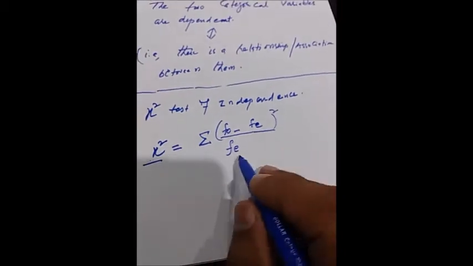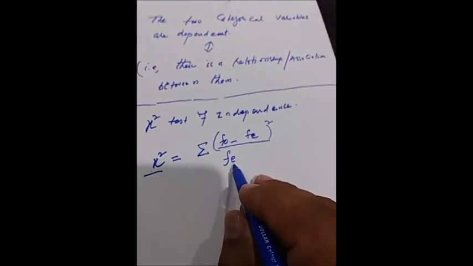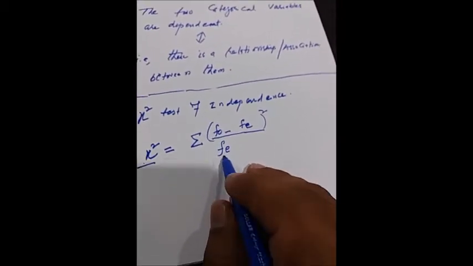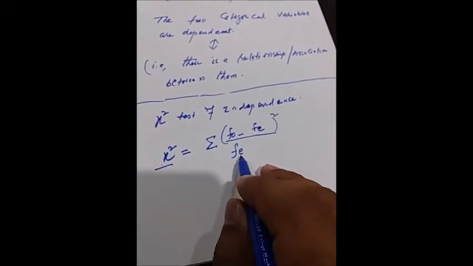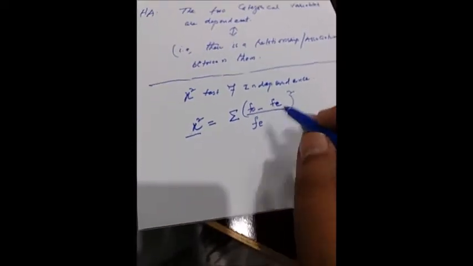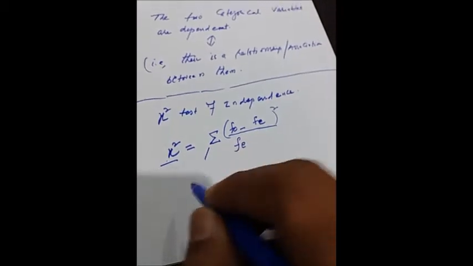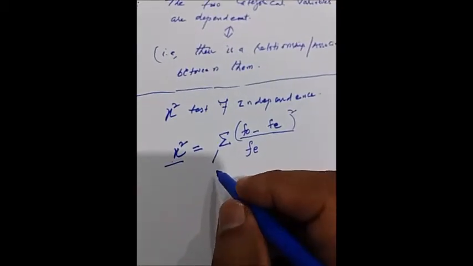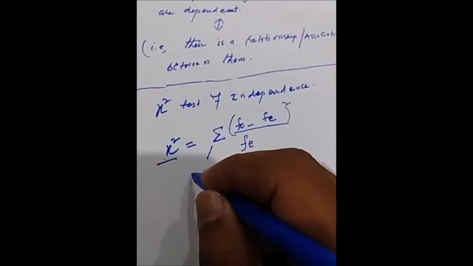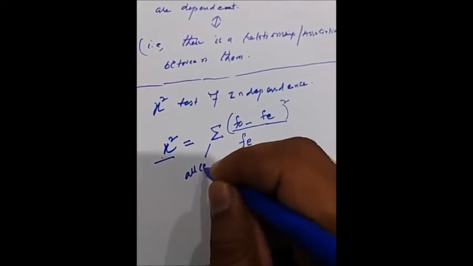Okay, so this is the general formula for the chi-square test of independence.